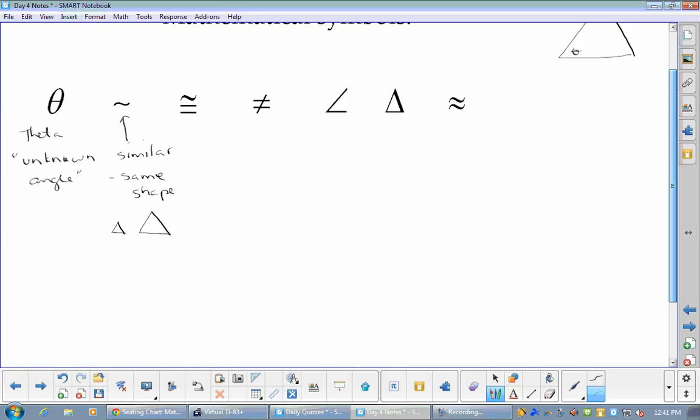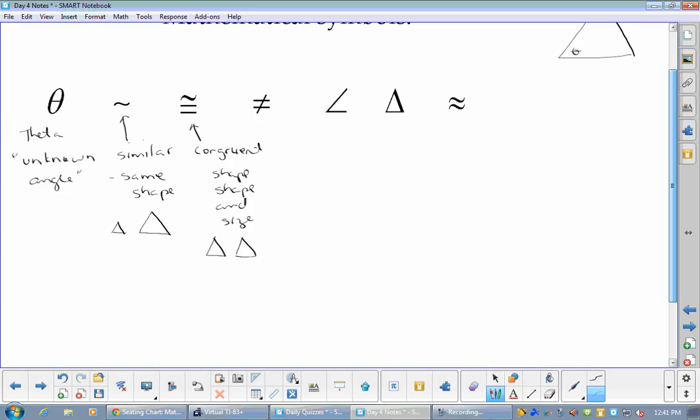That's where we get to this one. This one means congruent. Congruent means same shape and size. So these two would be congruent.